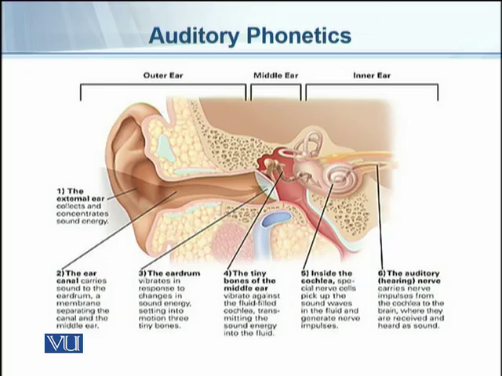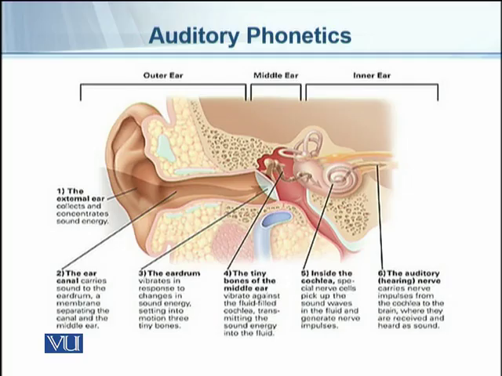The ear canal carries sounds to the eardrum, a membrane separating the canal and the middle ear. The eardrum vibrates in response to changes in sound energy, setting into motion three tiny bones.